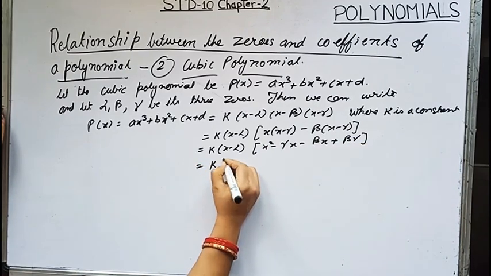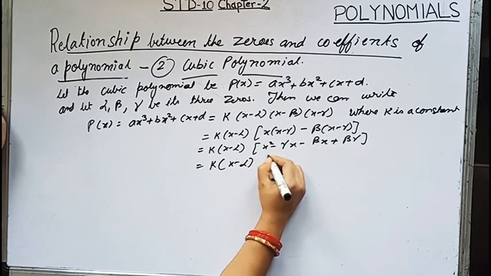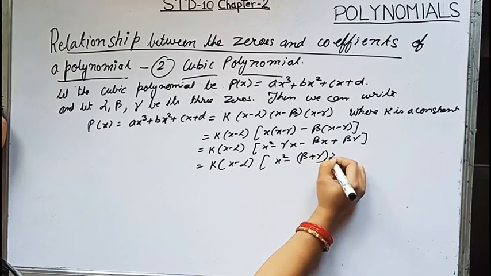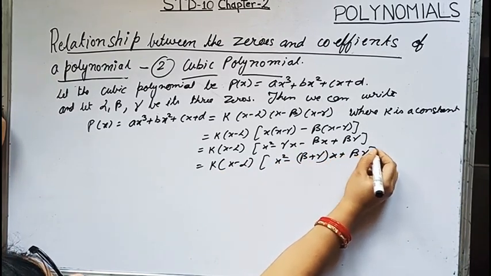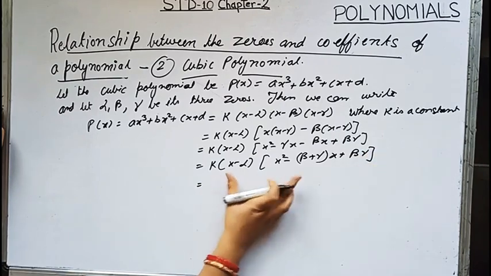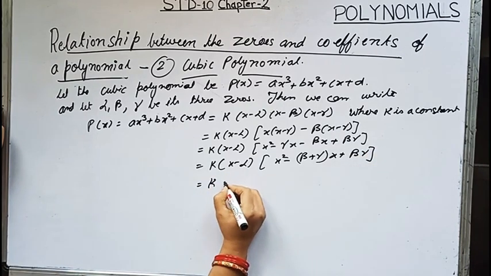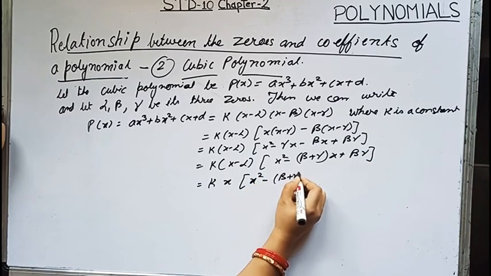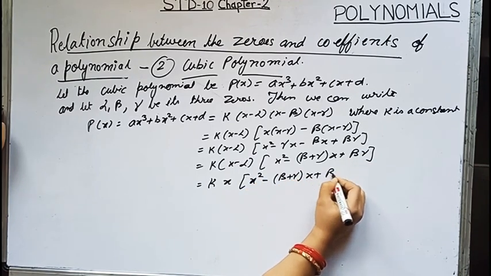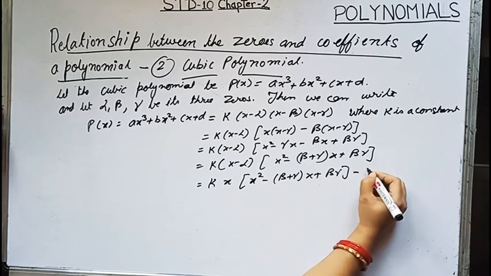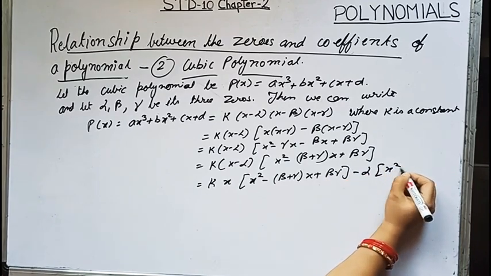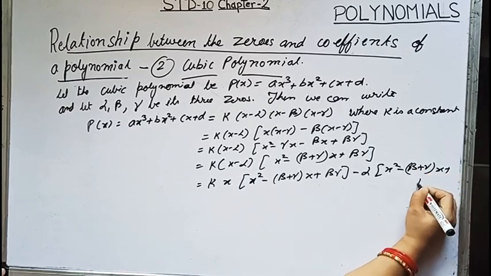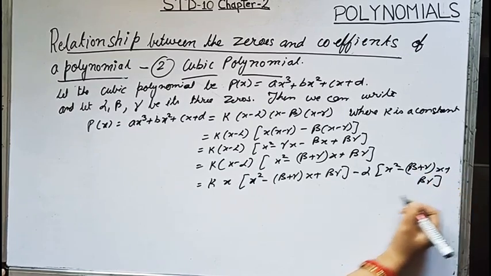Now this can be written as k(x - alpha)[x^2 - (beta + gamma)x + beta gamma]. Now let us expand these two brackets: k[x(x^2 - (beta + gamma)x + beta gamma) - alpha(x^2 - (beta + gamma)x + beta gamma)].